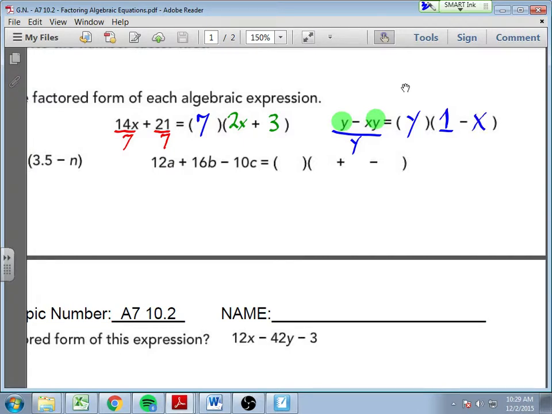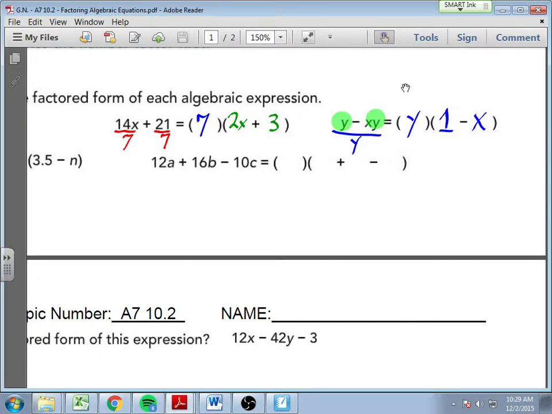That's where people will make their mistakes. A value, whether it's a number or a variable, doesn't matter. A value divided by itself is always 1. So this y divided by y in the xy really becomes 1 when you do the y divided by y. So you get 1x, but we don't need that 1, so we don't write it. We want to keep things a little bit nicer.